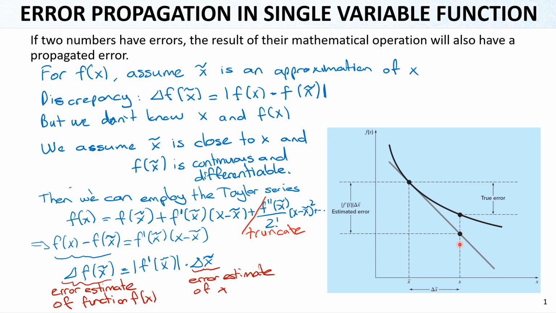And there is also a difference between the function value at x and at x tilde, and we can calculate this by the derivative times delta x. So this is that simple, and the slope will give us delta f divided by delta x, which is the derivative, and the derivative is a tangent to the function. That's why it works well for this error propagation.